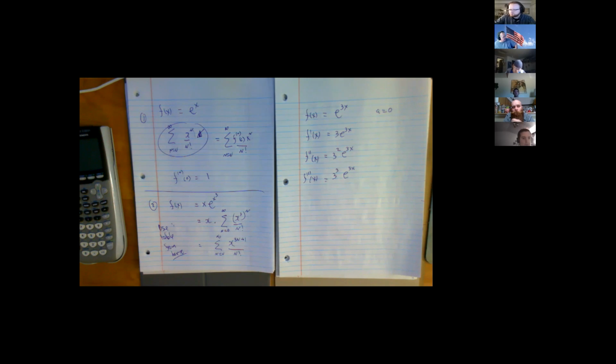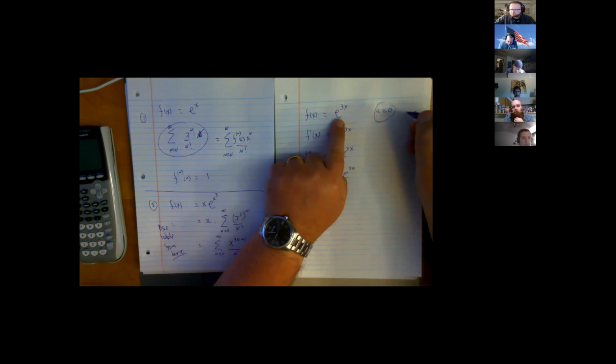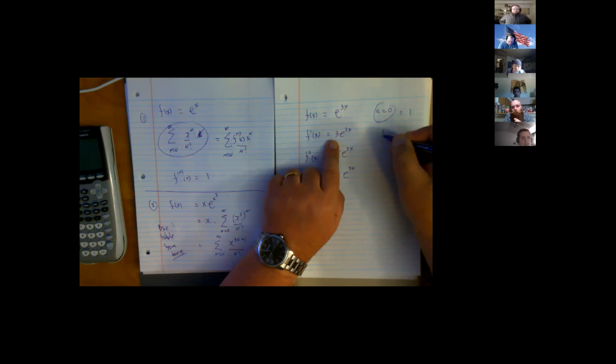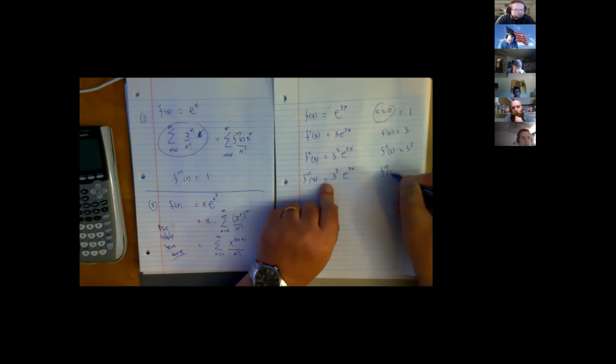So far, so good. Then plug in 0. So what you're going to get here is 1. The first derivative at 0 is going to be 3. The second derivative at 0 is going to be 3 squared. And the third derivative at 0 is going to be 3 cubed.